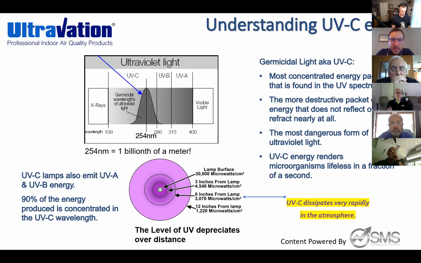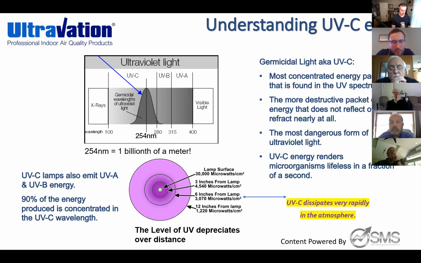That is the most destructive packet of energy, and it does not reflect or refract nearly at all. That is the most dangerous form of ultraviolet light as well, and UVC energy renders microorganisms lifeless in a fraction of a second. So it is extremely potent, extremely dangerous. That's what makes it extremely effective.